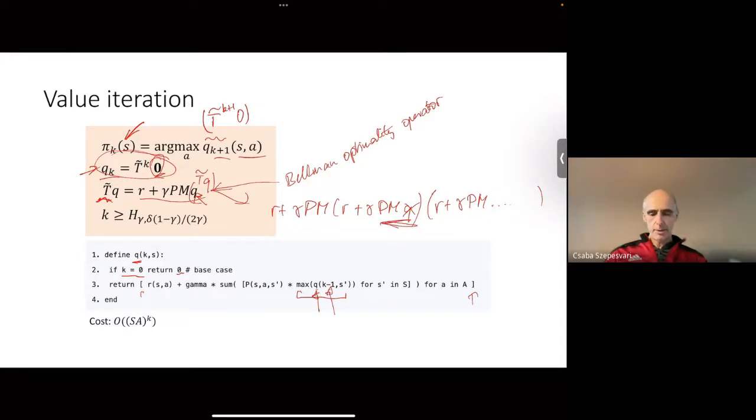So maximization first, and then summing over next states weighted by the transition probability. So that's your sum, then the gamma, then the reward, and then just return this for every. So if you want to have this at a state S, then we just want the A values of qk.